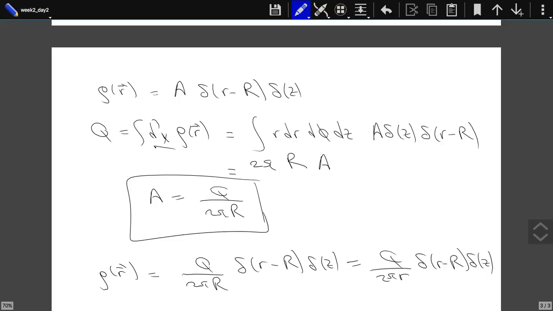So for a point charge at the position of the point, the charge density is infinite, just like in this ring. At the positions of the charges, the charge density is infinite, so that the volume integral, which will give me the total charge, gives me a finite number.